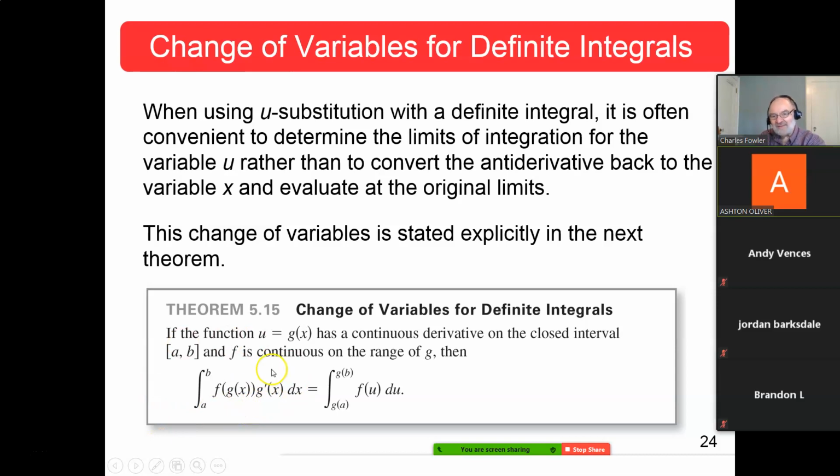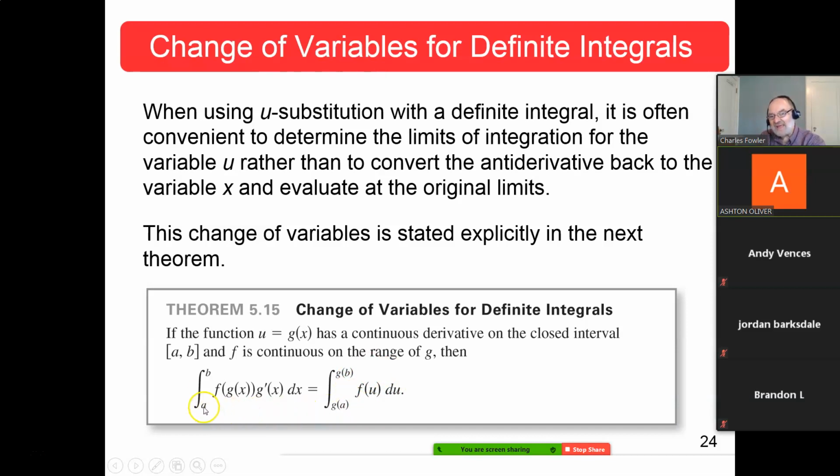Now you're doing the antiderivative of it. Let u equal g of x, so du would be g prime of x dx, and this would just be the integral of f of u du. Take the antiderivative of this.